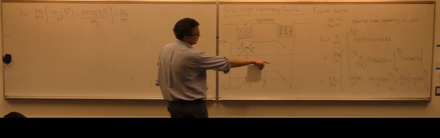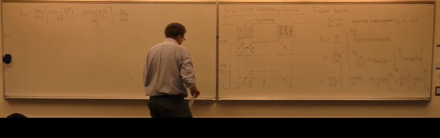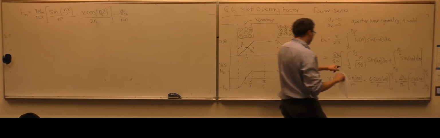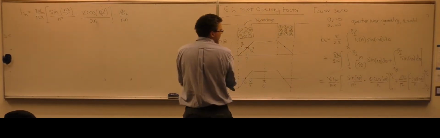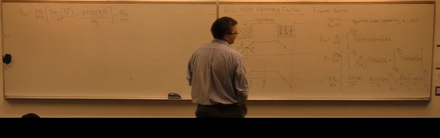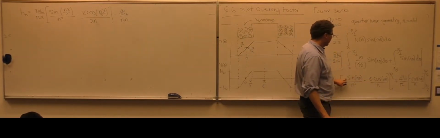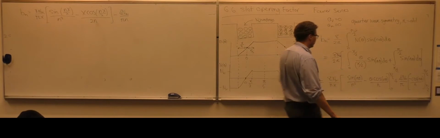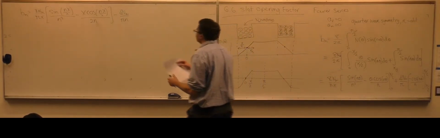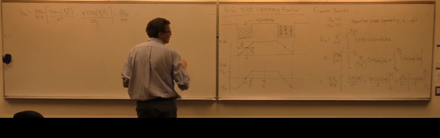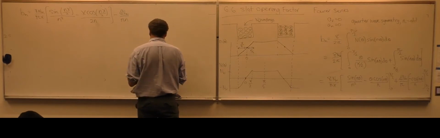You can check that by differentiating it. When you differentiate the second term, you'll get a cosine here. When you differentiate this, you get a cosine. So then that term cancels out, and then you're just left with the theta sine term.